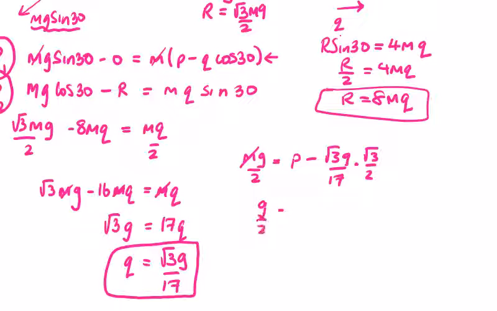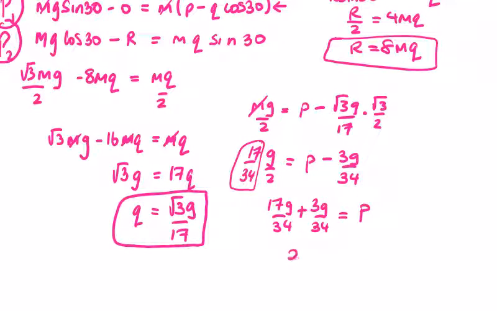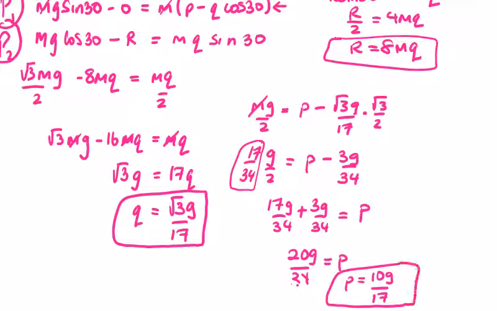So g over 2 is equal to p minus 3g over 34. So to get 34 on the bottom, this will be 17g over 34. So we're going to get 17g over 34 plus 3g over 34 is p. 20g over 34 is p. So p is equal to 10g over 17. And these will be in meters per second squared.